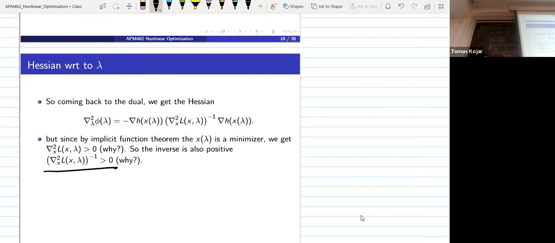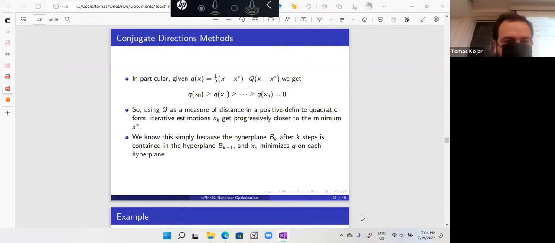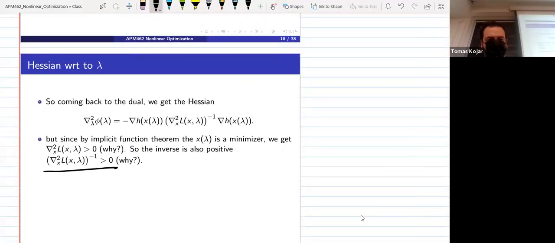Yeah, but let's say this is a million by a million. How would you do it? That's not positive definite, right? I didn't say invertible. Invertible, you look at the determinant. The question is why is it positive definite?